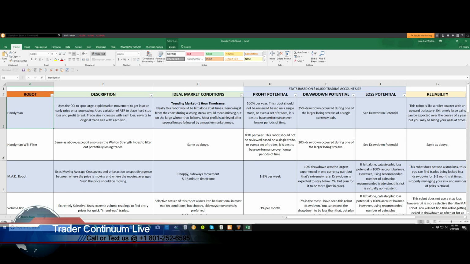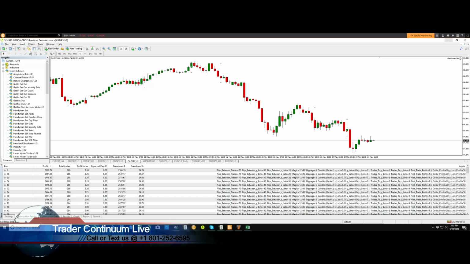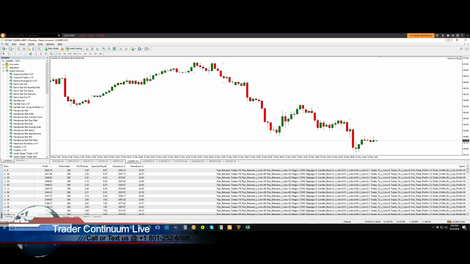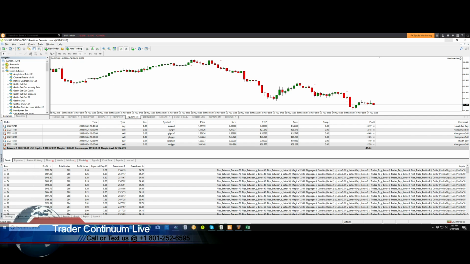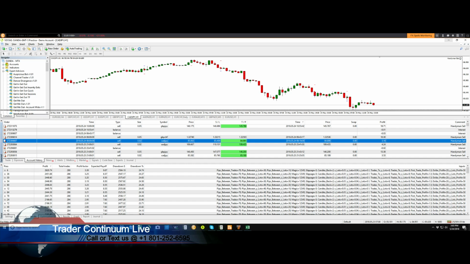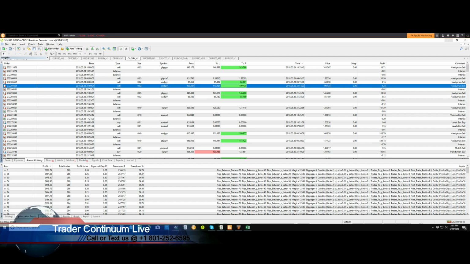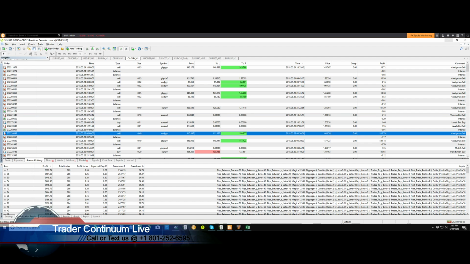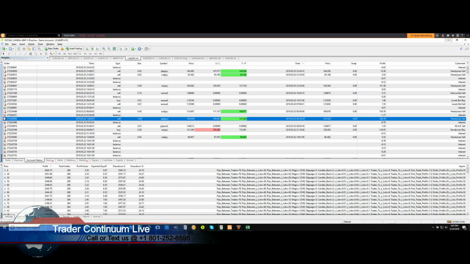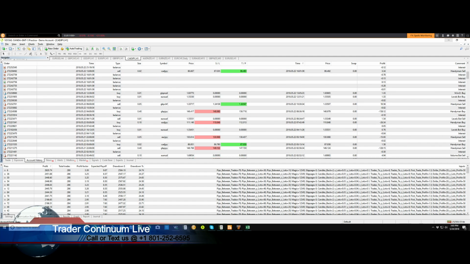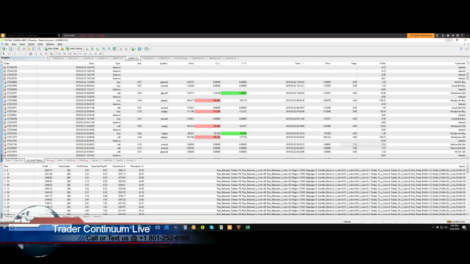I highly just recommend using the Handyman robot on the yen pairs right now because it's actually doing phenomenal. If you had been running the Handyman robot throughout the week, you would have had a very rough beginning of the week, but you would have had an exceptional last couple of days. I mean, look at all these profits that have been taken. The beginning of the week was not terribly thrilling.